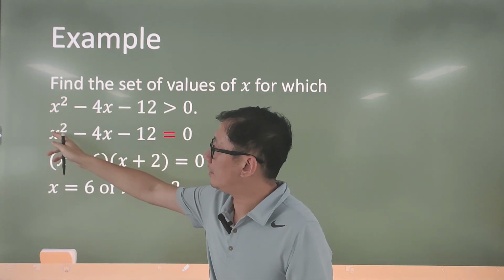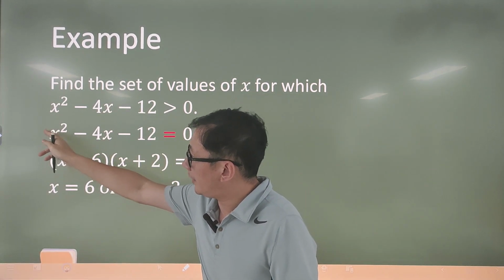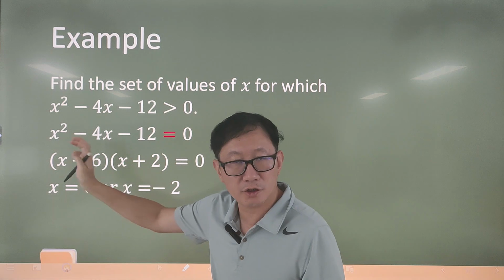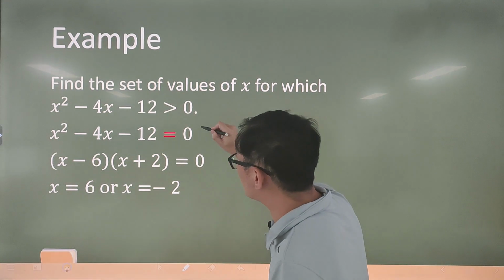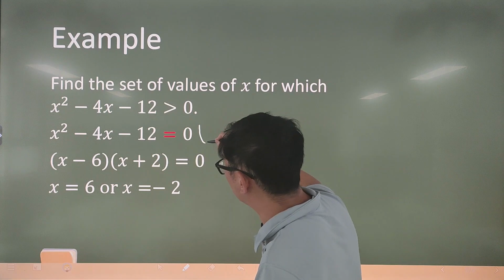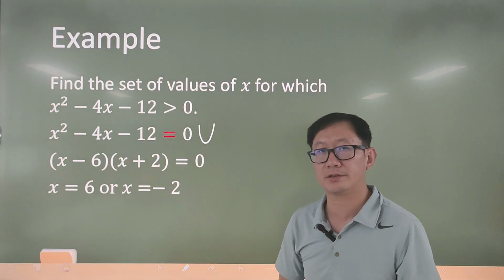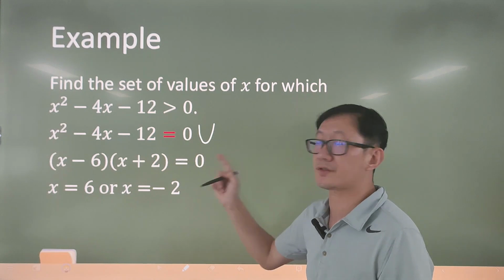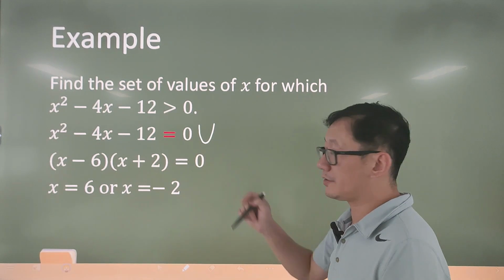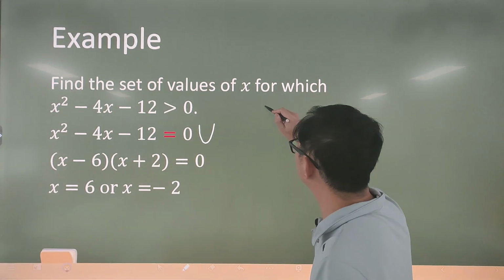The coefficient a for the x squared term is 1. It's positive, so that means the shape of it is this. It opens upward. So now, let's draw a quick sketch for this quadratic graph.